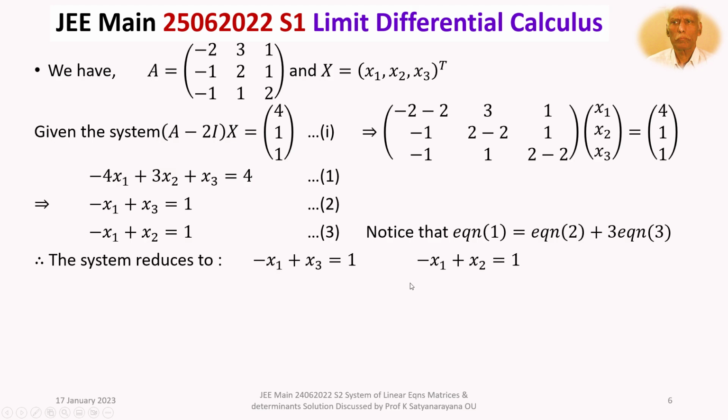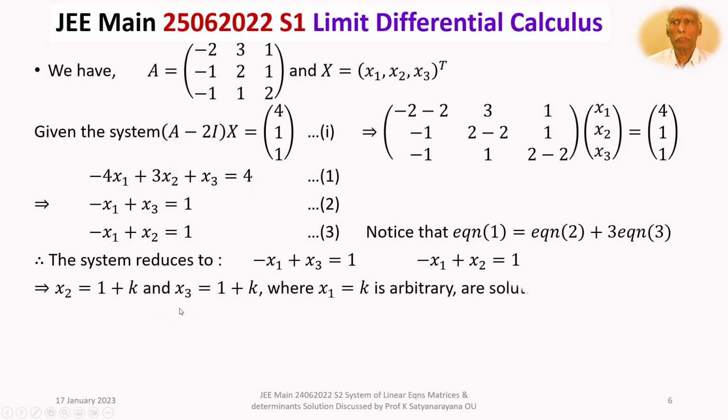That means x1 is equal to k, where k belongs to R is arbitrary. So x2 is equal to 1 plus k, x3 is 1 plus k, where x1 is equal to k, and these are the solutions. So x1 is k, x2 is 1 plus k, x3 is 1 plus k.